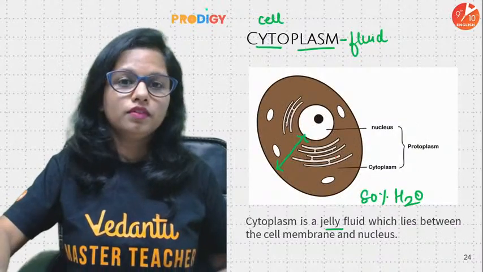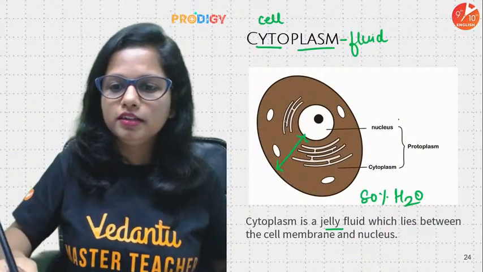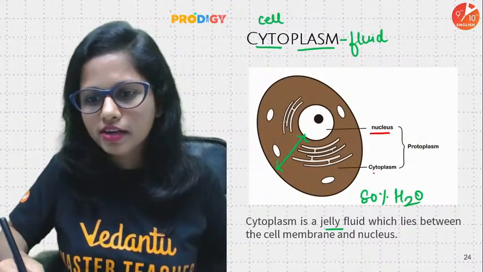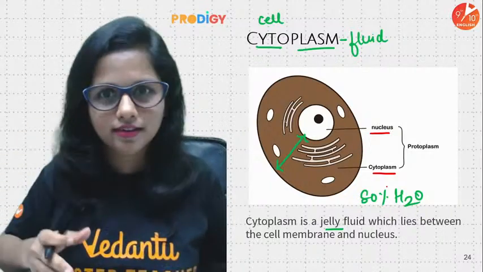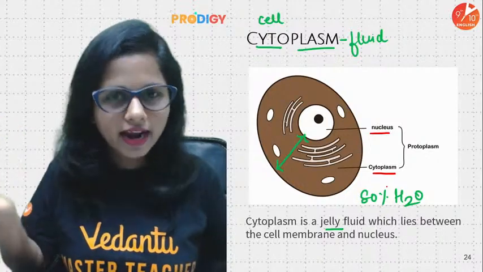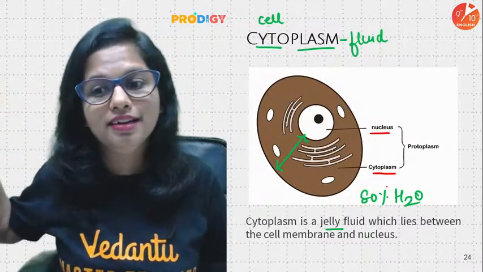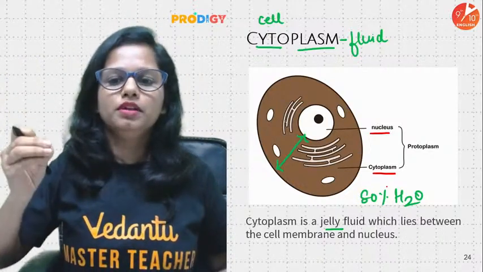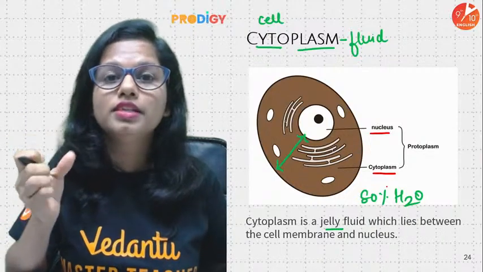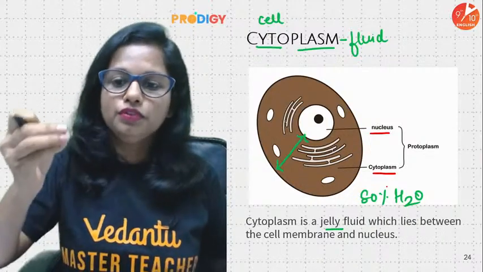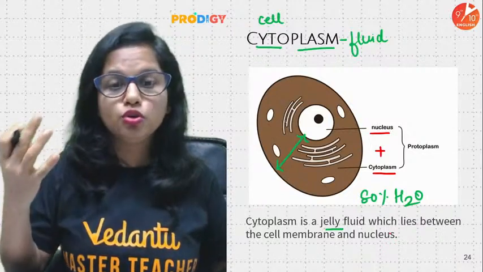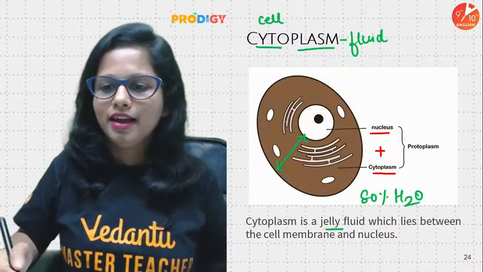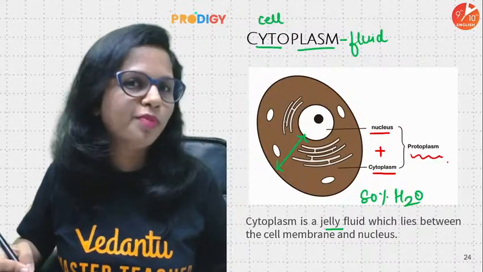And then if nucleus is also included, it adds life to the cell. Nucleus adds life to the cell. If you remove nucleus, the cell dies, right? So people, nucleus is the control center of the cell. If nucleus is added into the cytoplasm, it becomes a solution which has life within it, and such a solution is known as protoplasm.